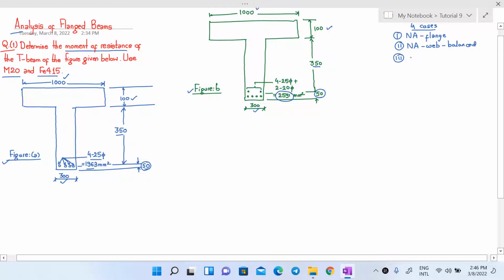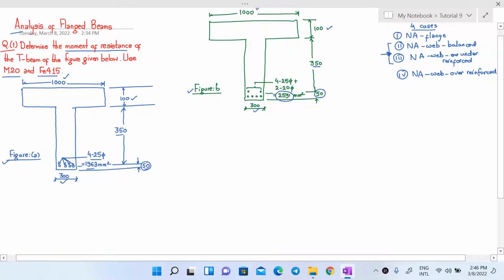The third case is when the neutral axis again lies in the web and our beam is under reinforced. And the fourth case is in which the neutral axis lies in the web and our beam is over reinforced. In these two cases, when the neutral axis lies in the web, there were further 2 sub cases for each of these cases. If you do not remember that, you can revisit our previous lecture.